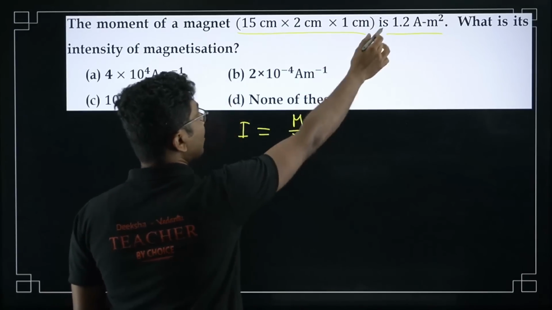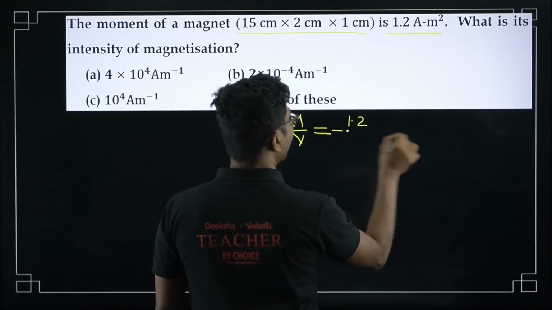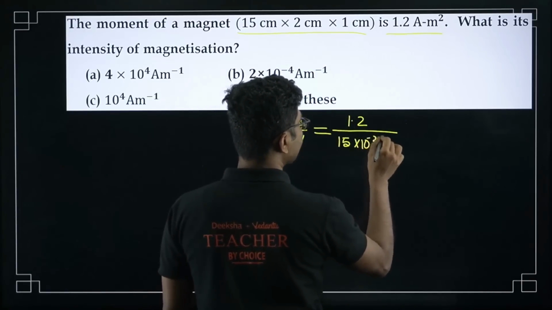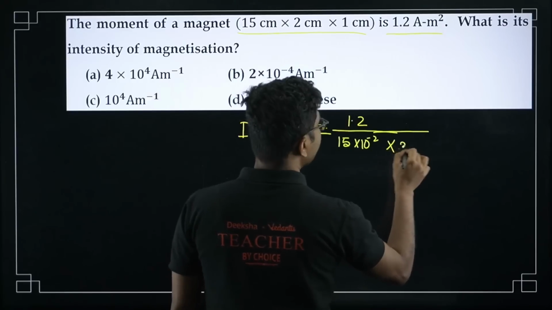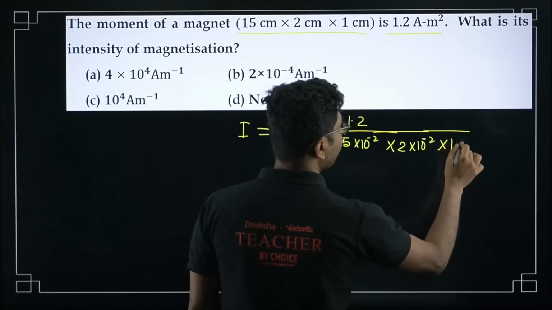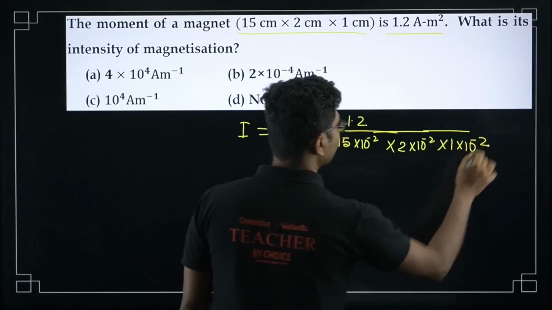Okay, so magnetic moment is 1.2 and volume is 15 centimeter, that is 15 into 10 to the power of minus 2, into 2 centimeter is minus 2, and 1 centimeter again 1 into 10 to the power of minus 2.